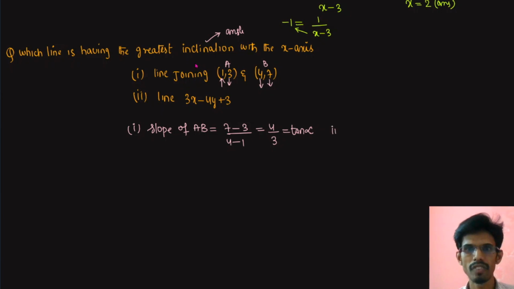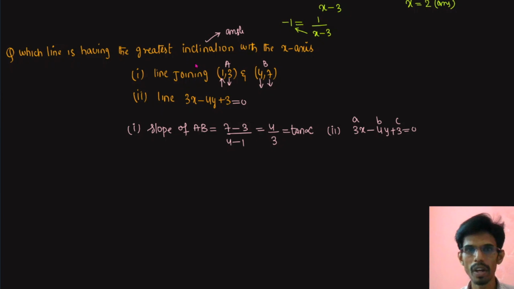Now let us find out the slope of the second line. Here we have been given the equation of a line instead of points, equal to 0. Now here we have a value 3, b value minus 4, c value 3.